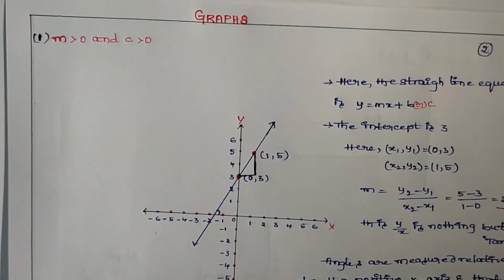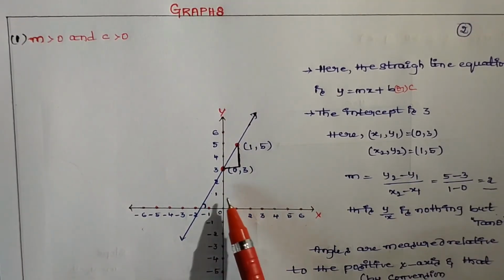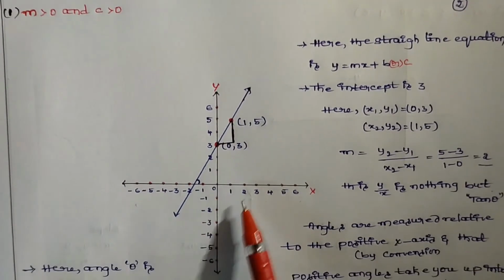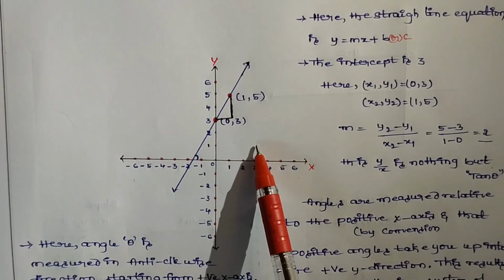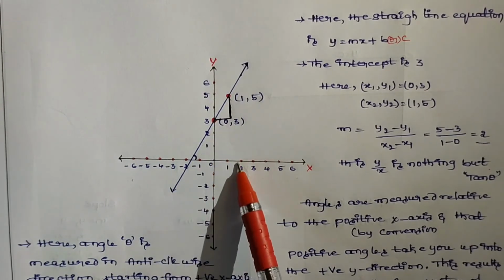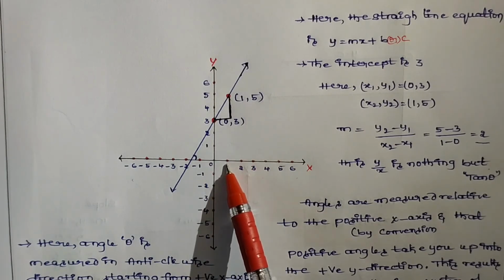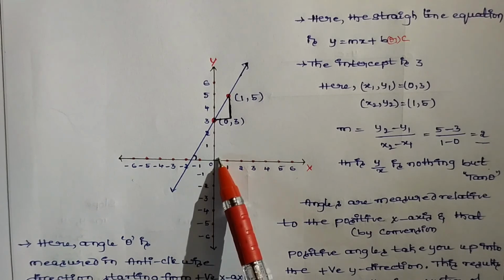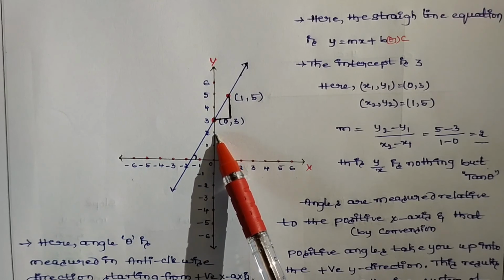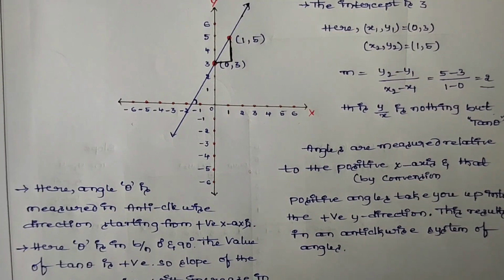Here angles are measured relative to the positive x-axis, and positive angles take you into the positive y direction, which is nothing but the anti-clockwise system of angles.